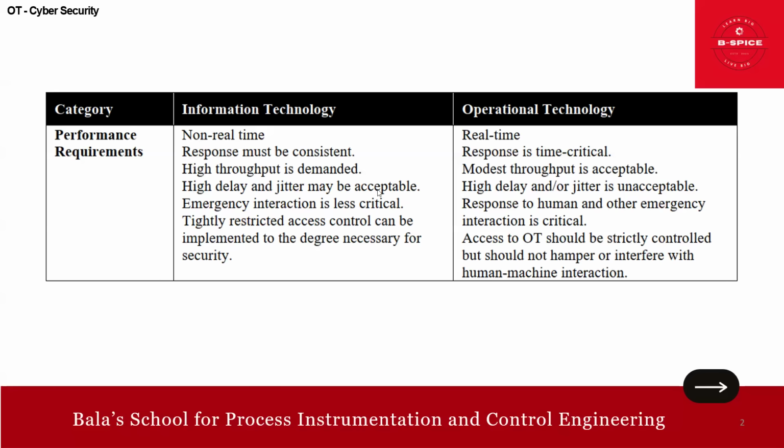High delay and jitter may be acceptable in information technology, but in OT, high delay and jitter is totally unacceptable, right? And in IT, emergency interaction is less critical, whereas response to human and other emergency interaction is critical in OT, right? In IT, tightly restricted access control can be implemented to a degree necessary for security.